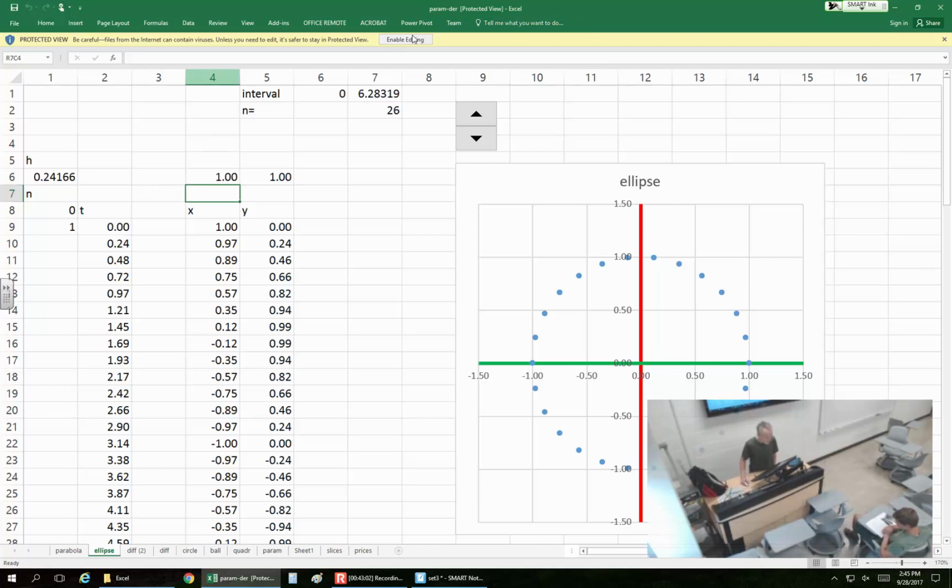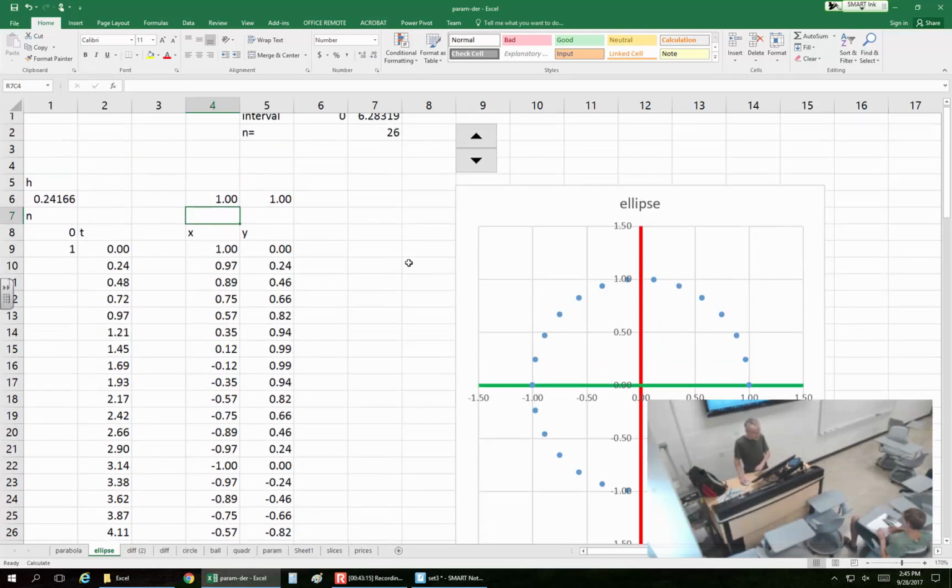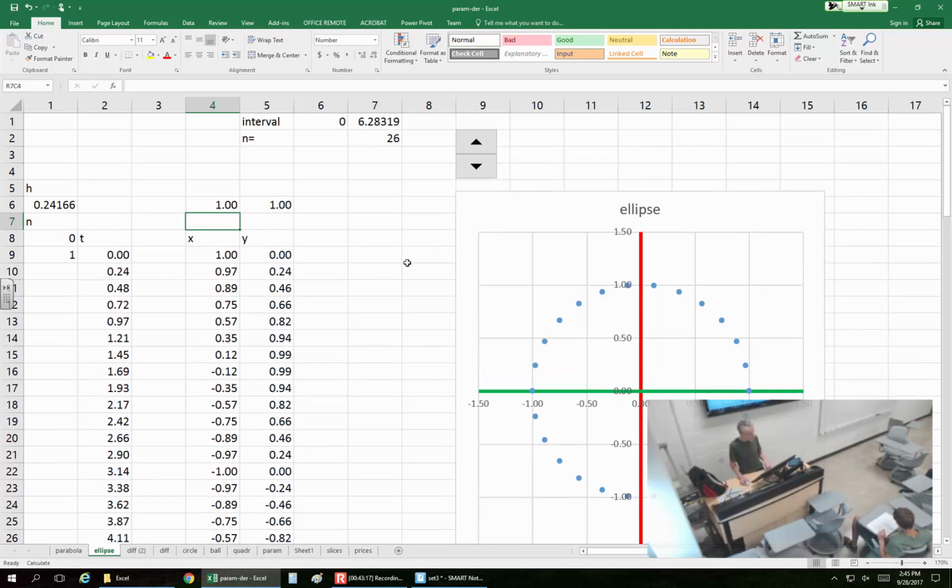What I want to do with it is to compute the speed as well as compute whatever happens to the arc length parameterization, and then I'll use the same picture to compute the curvature. So it's just a standard circle. Let me compute the speed.